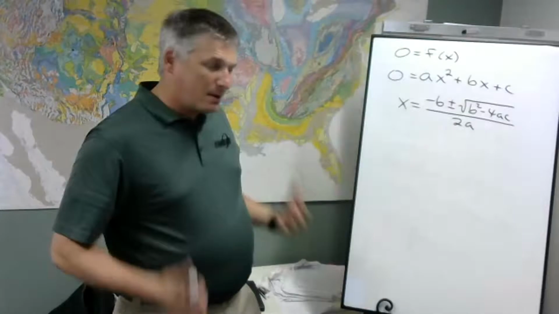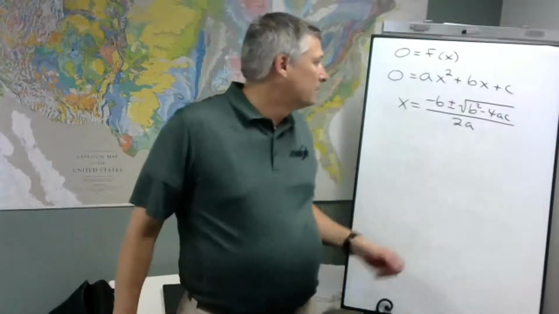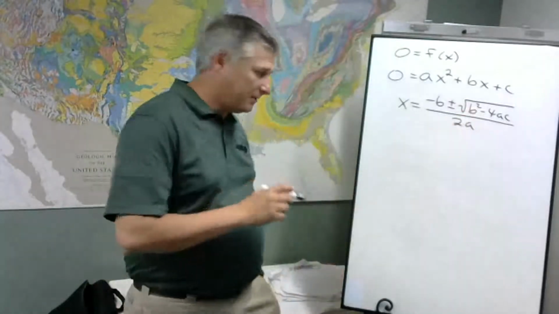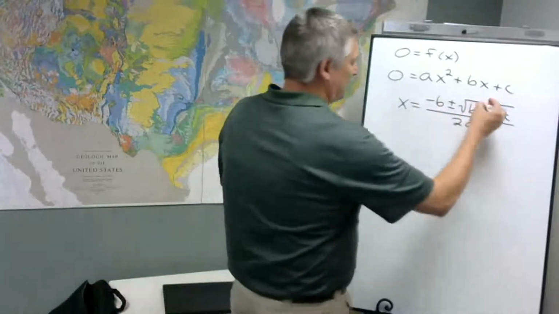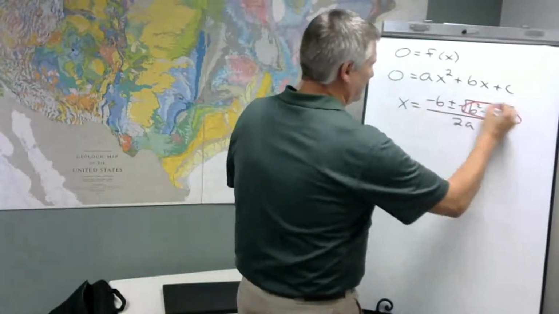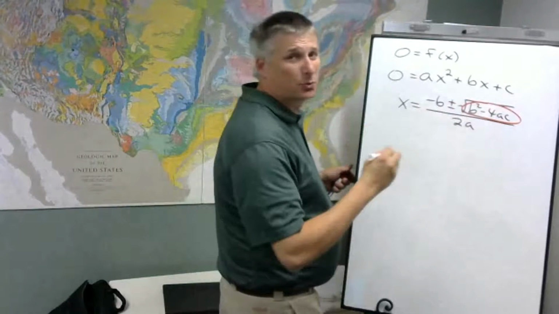Now, the number of intercepts we get depends on this. This is called the discriminant.